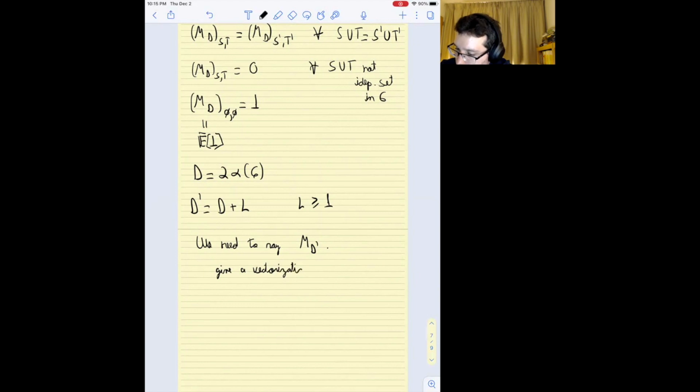And for the vectorization that you are going to give, now you're going to be playing with larger sets. Let's say you're going to look at sets R' belonging to n choose d'.